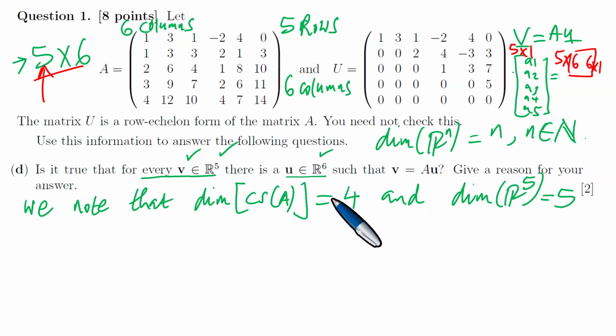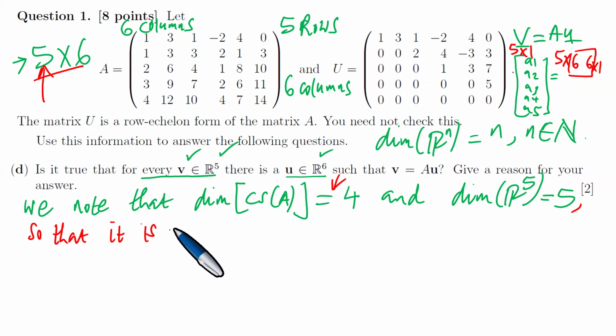We are able to therefore see that because of one deficiency, the dimension of the column space is obviously less than the actual number of the columns there. So it is not the case. So we know that this dimension is 4 and that dimension is 5, so that it is not true.